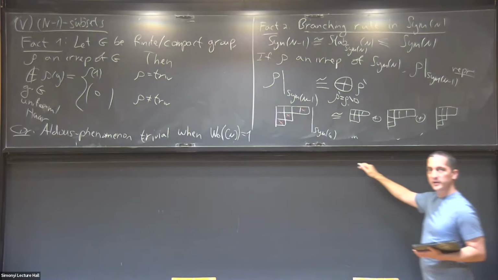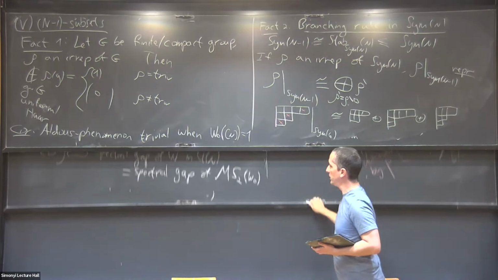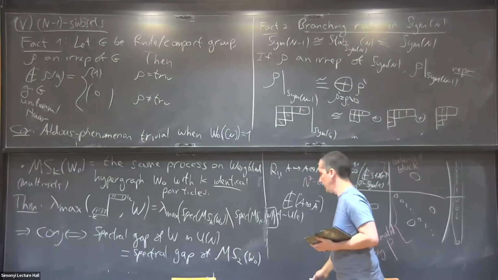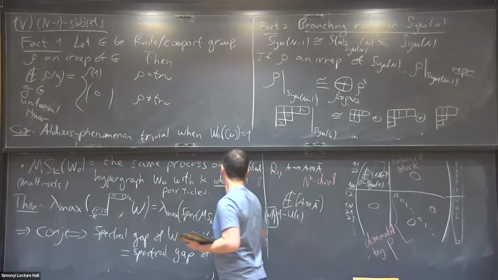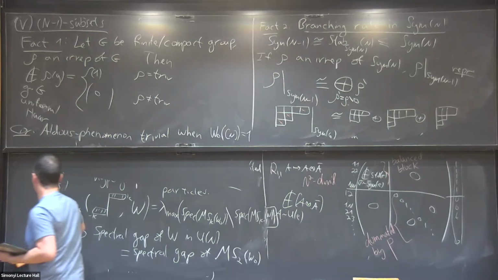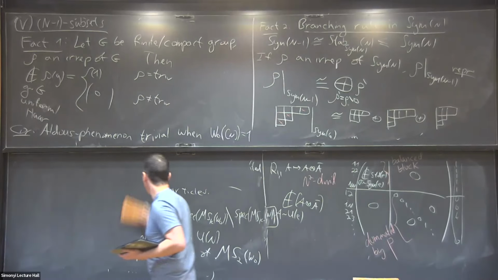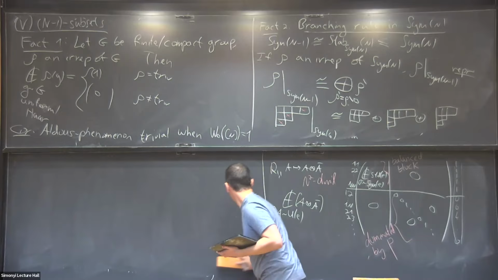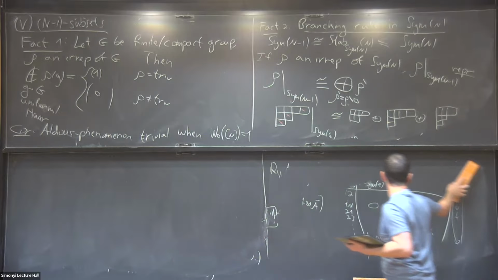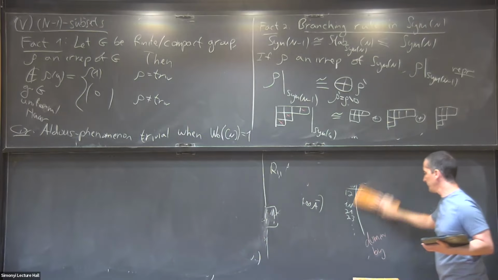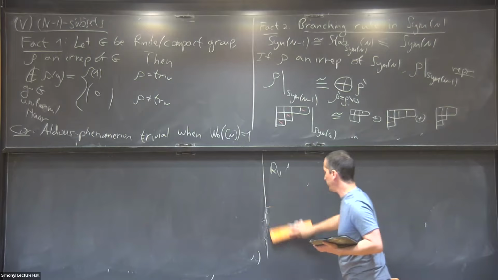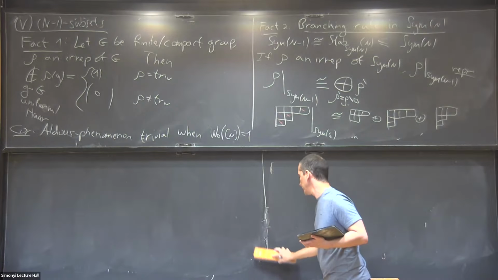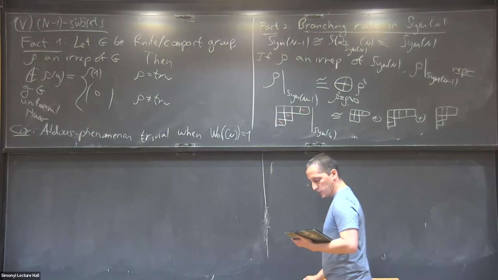So I claim that from this, you can prove the Caputo conjecture in Sn, for the symmetric group, when the sets are of size n-1. And why is that?